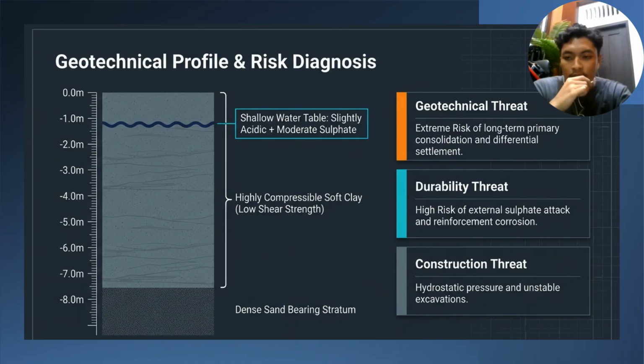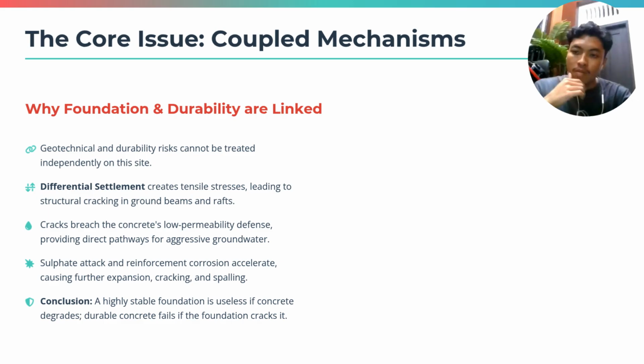The second, the durability threat, which is external sulfate attack and reinforcement corrosion. And the third, the construction threat, which is the high hydrostatic pressure during the foundation works. Simply put, if we don't address both the soil and the chemistry of the site, our 50-year target is impossible.